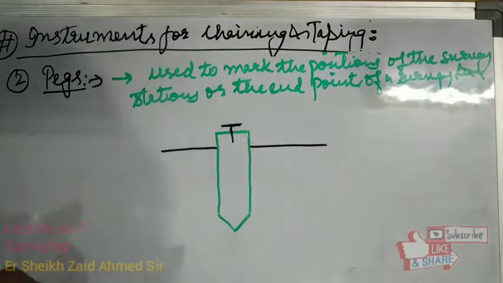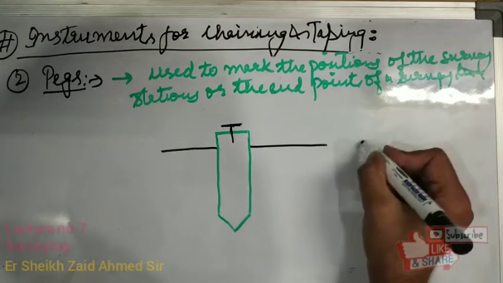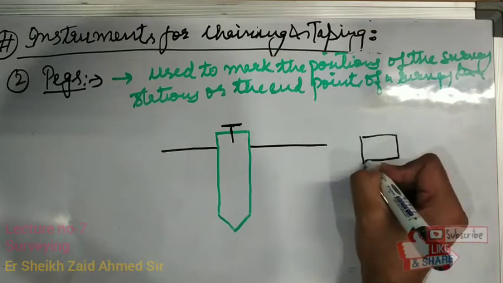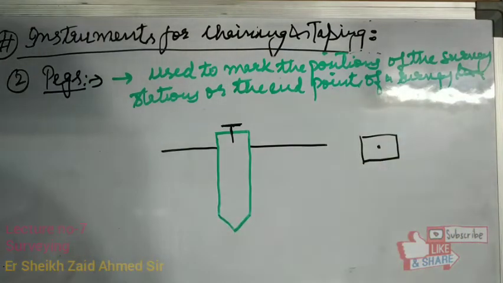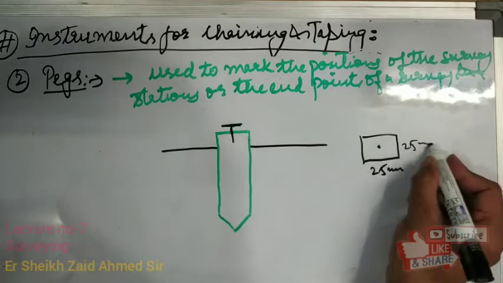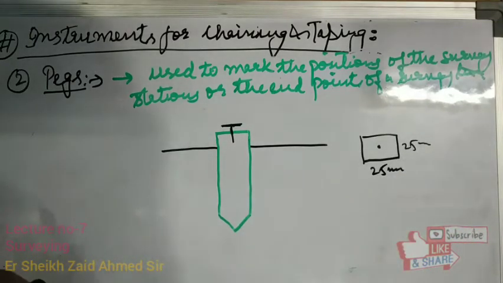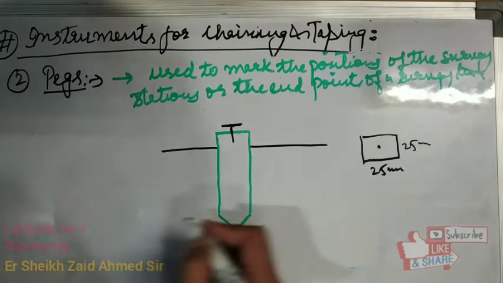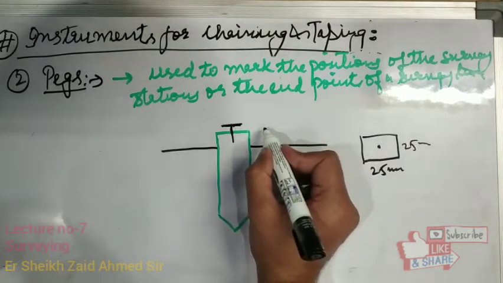So this is a peg. See, these are usually square in section. If we see the top view, it will be a square cross section. The size is usually 25 mm by 25 mm in cross section, and their length is 150 mm.